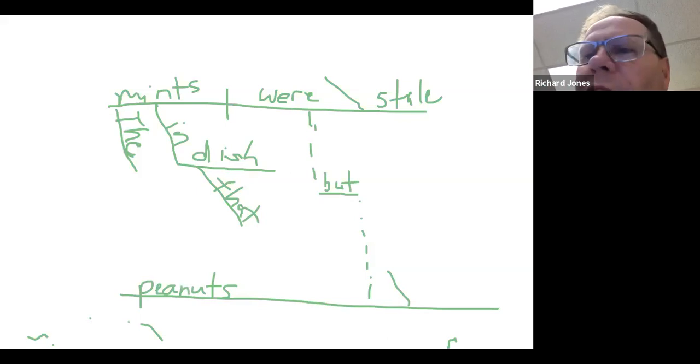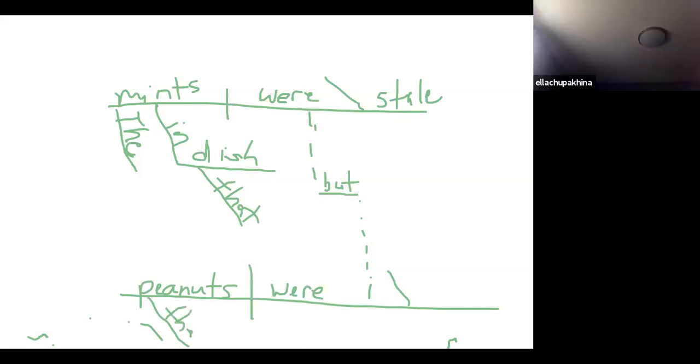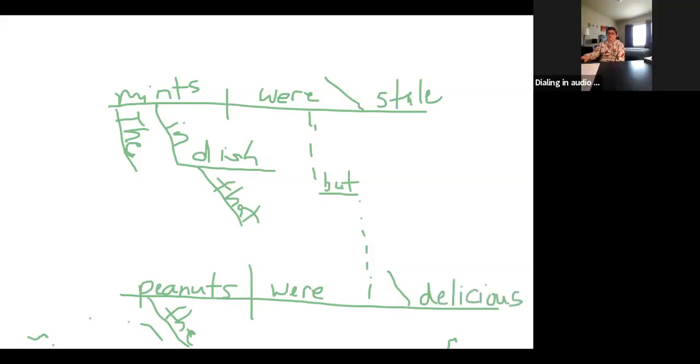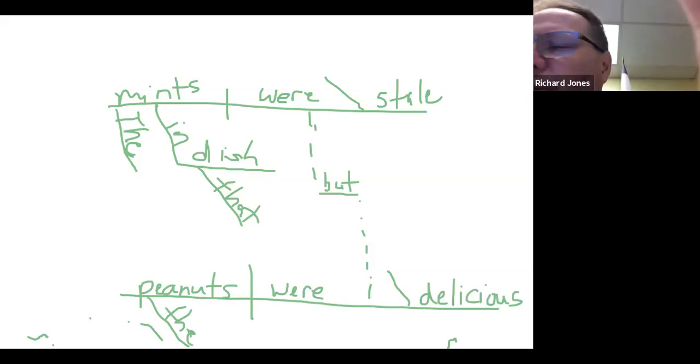Then were. Peanuts has a modifier, the: the peanuts were delicious. Again, a predicate adjective. So that's how your number 5 should look.